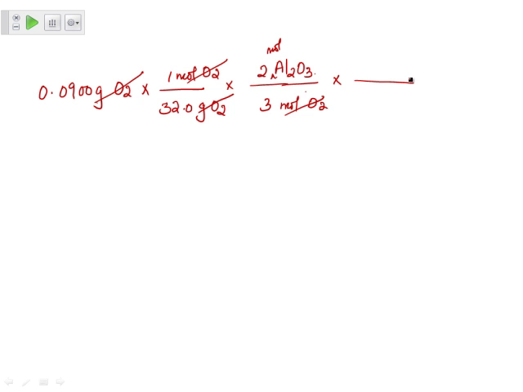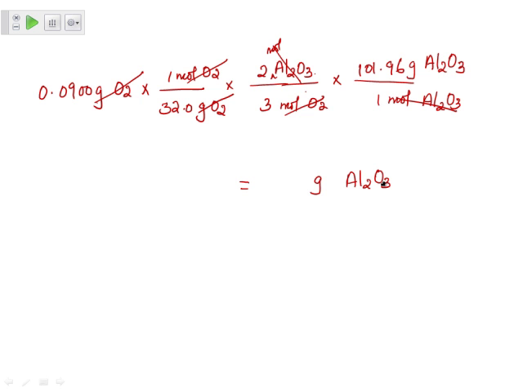Calculate the molar mass of aluminum oxide, please. That's what we need to use here. 101.96 grams of Al2O3 per 1 mole of Al2O3. So moles of Al2O3 will go away and you will have grams of Al2O3 as your answer.